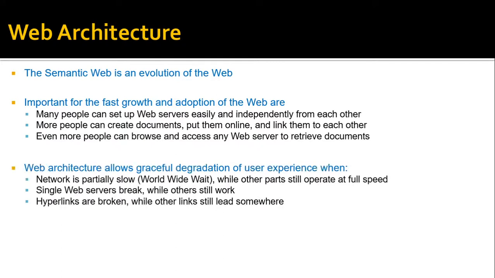So the second point, or the second strategy which made the web successful or prolific, is that it allows graceful degradation of the user experience. So what do you mean by that? Let's say you have a page in IT Kharagpur, or for certain reasons the IT Kharagpur website or web server goes down, right? And it is disconnected from the other part of the network. Still, the other part of the internet will be working more or less fine.